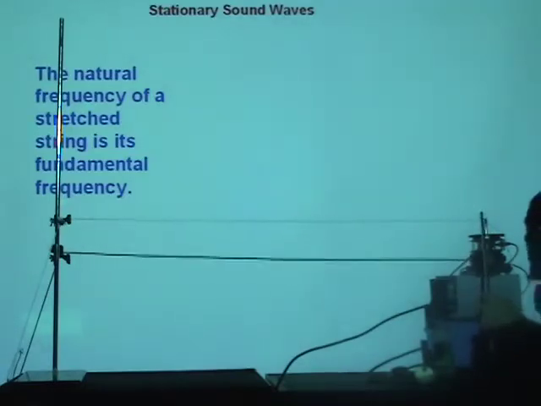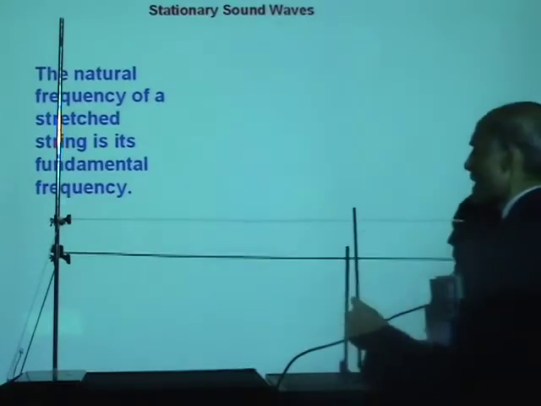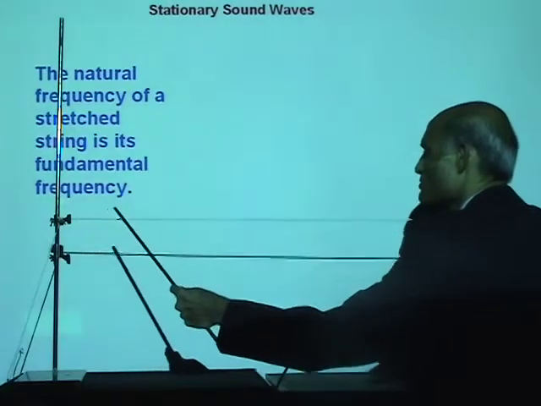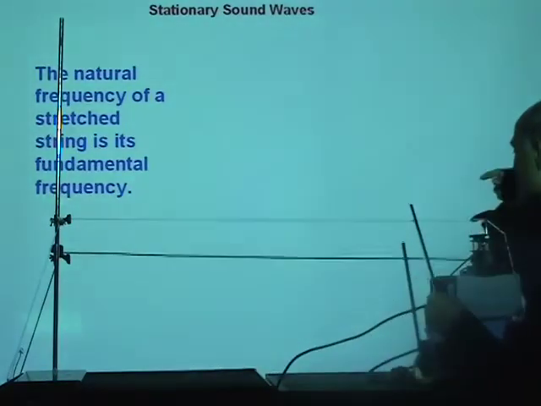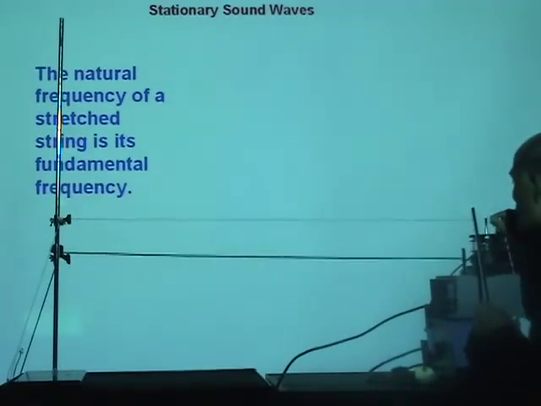How that happens is, when this vibrating object vibrates, the energy of vibration is sent to the end of the string, and the energy gets reflected. By the time the reflected energy gets back, this does the next vibration.